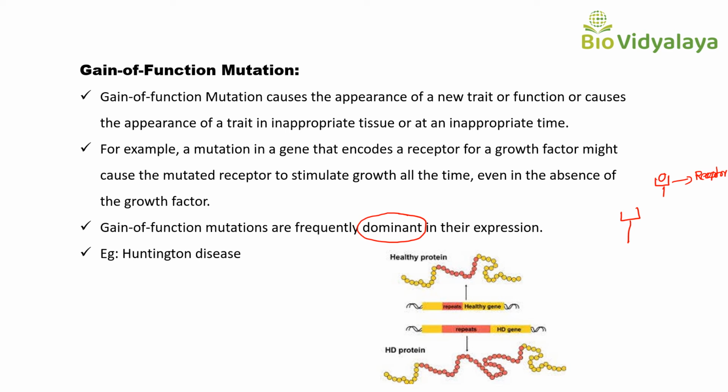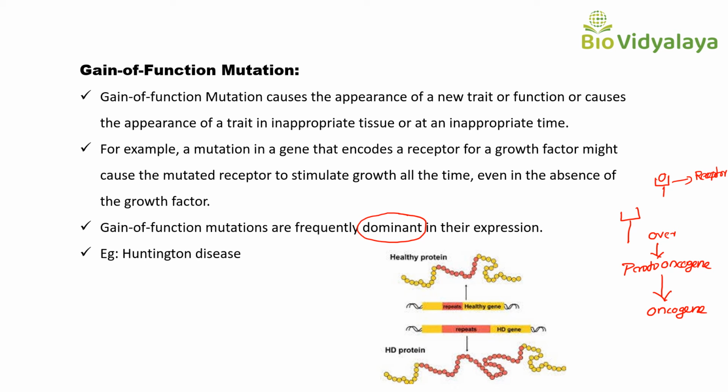So this gain of function mutation overactivates a proto-oncogene, and that will become an oncogene and that will cause cancer. Overexpression or the gain of function mutation of a proto-oncogene will cause cancer. Okay.